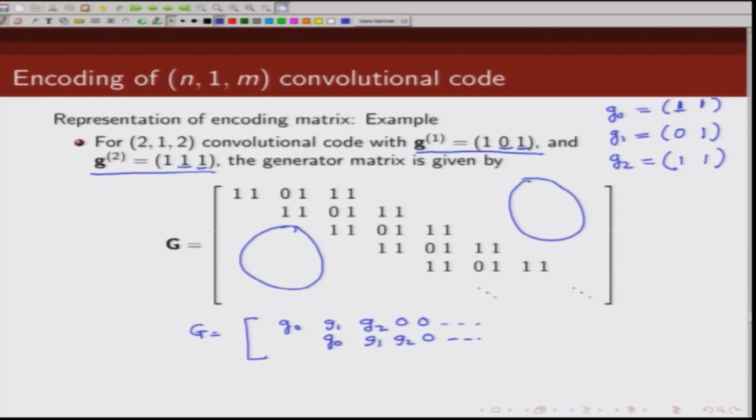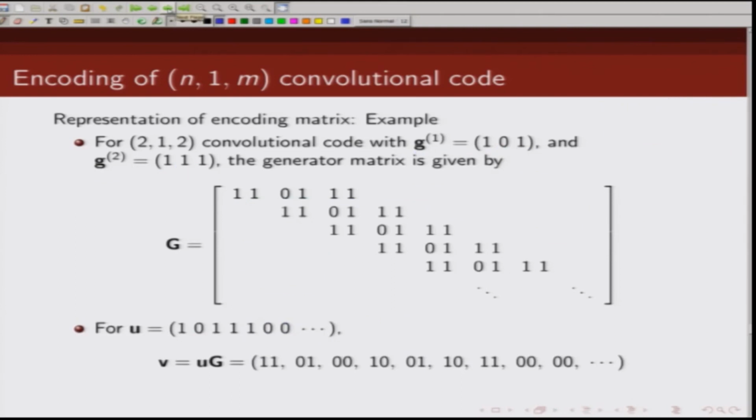G0 is 1 1, so that is what I have written here. G1 is 0 1, that is what I have written here, and G2 is 1 1. Rest all these entries are 0. Similarly, this is 0 0, and then I have G0, G1, G2, and then these are all zeros. Okay. So, this is how I can write a generator matrix.